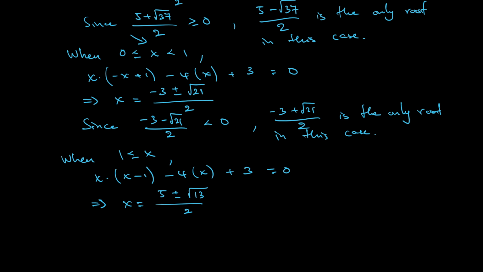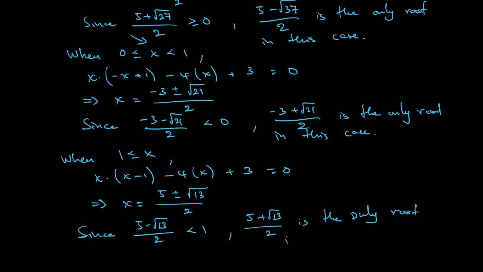Again, you need to check whether it is really greater than 1. Since the negative one is smaller than 1 in fact, you need to reject this root. So you only accept the plus. It's the only root in this case.